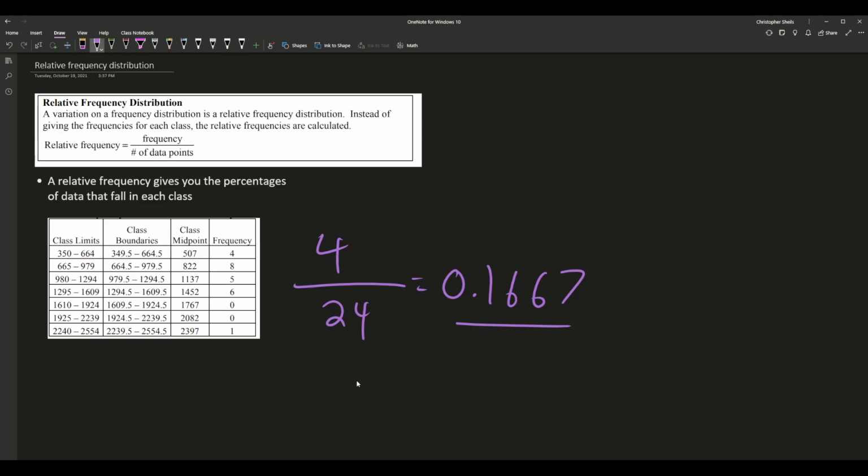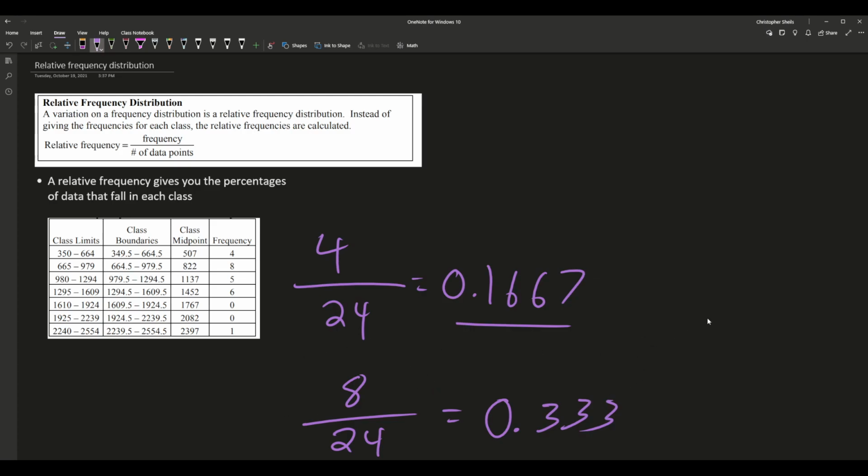For my second class, I perform the same calculation. I take the frequency, which in this case is 8, and I divide it by the total number of data points, which is 24. So 8 over 24 is 1/3, or 0.333, and this repeats. So this is my second relative frequency.